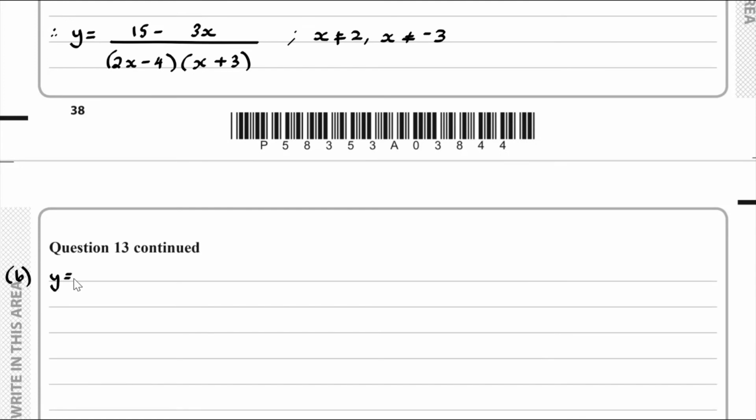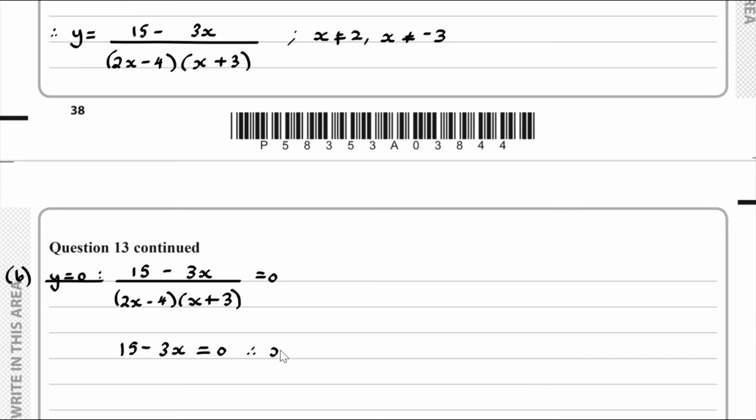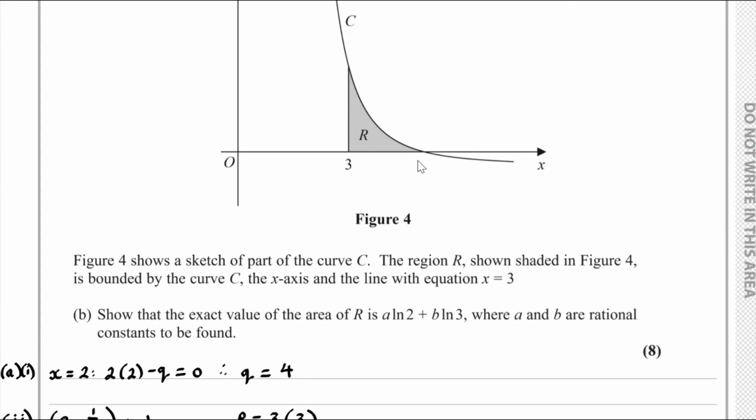So when y equals 0, we have 15 minus 3x divided by 2x minus 4 lots of x plus 3 equals 0, from which hopefully you can see we have 15 minus 3x equals 0, and therefore x is equal to 5. So we have over here the point x equals 5.